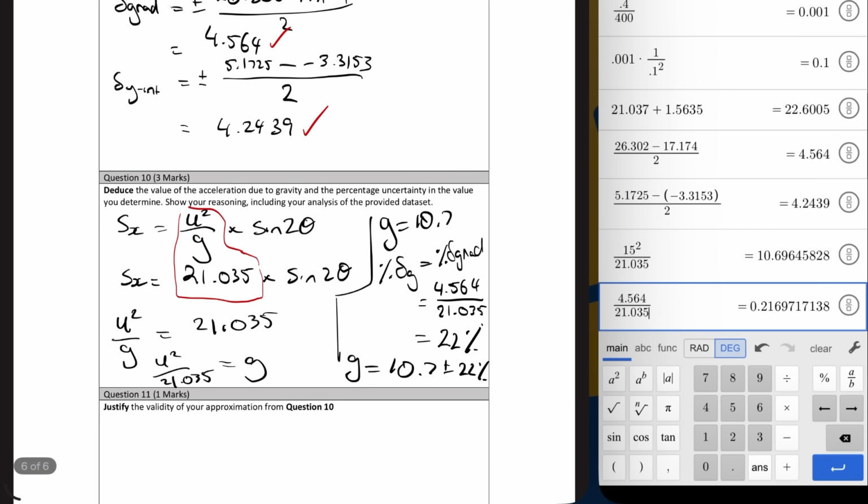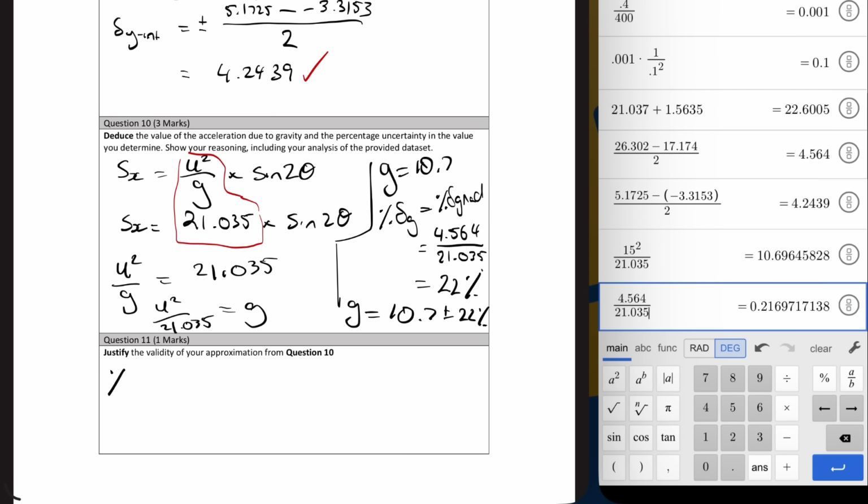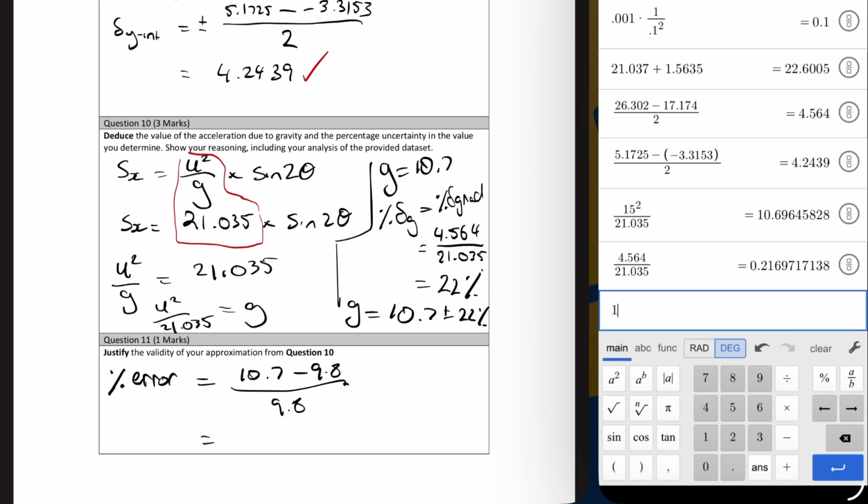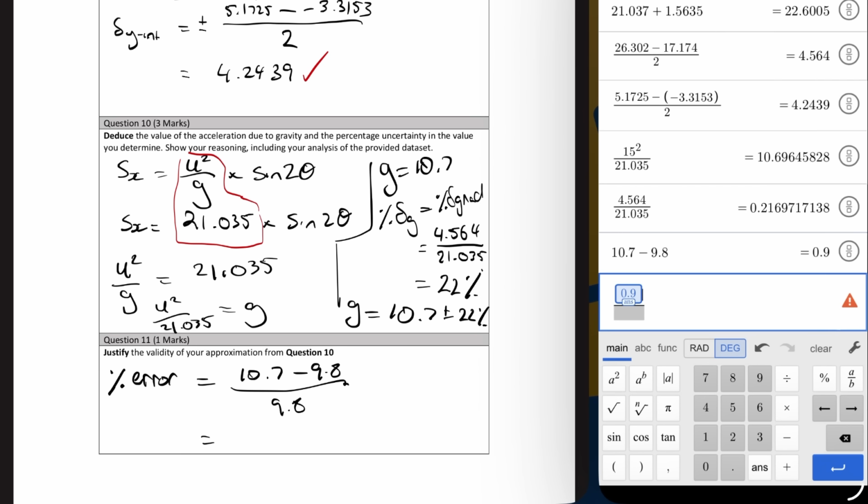And now let's see how valid that is. Let's use our percentage error formula, which will be 10.7 minus 9.8 all over 9.8. Which is 9%.